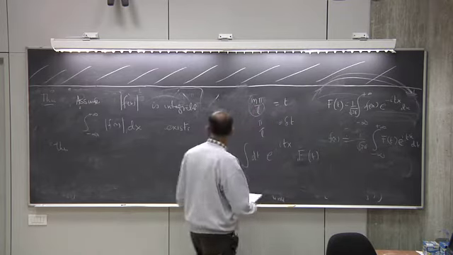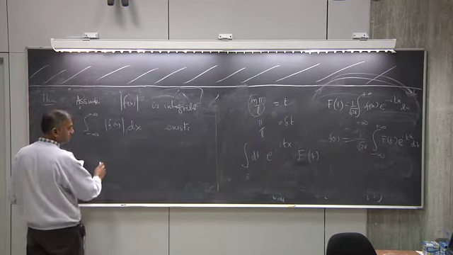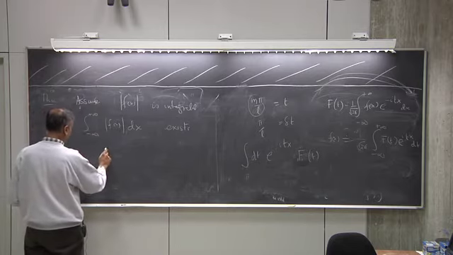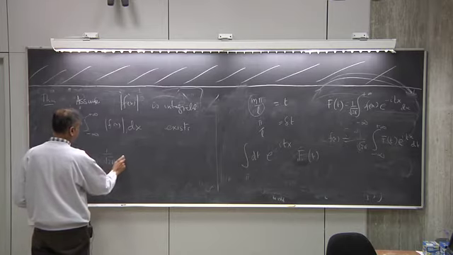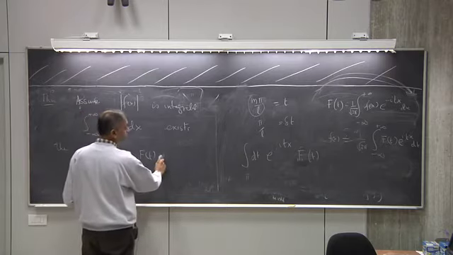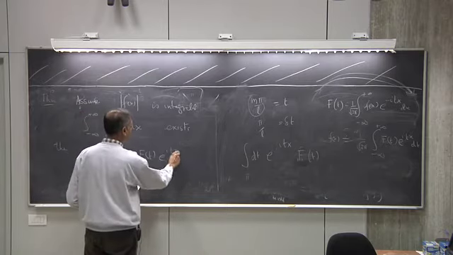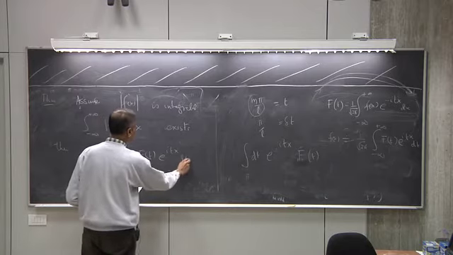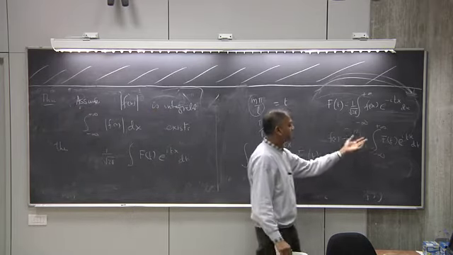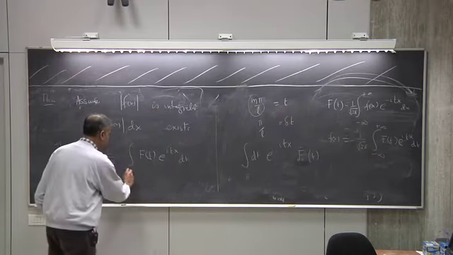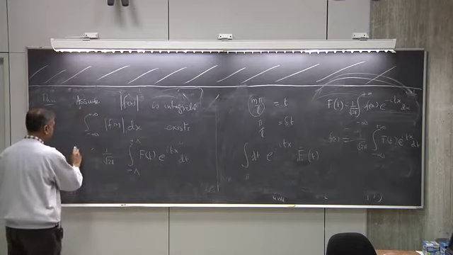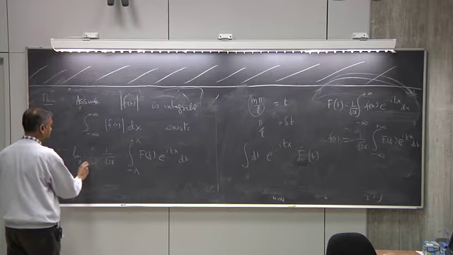Then the statement is that 1 over root 2 pi, integral of ft times e to the power of itx dt. Of course, you have to define this limit somehow: say from minus lambda to plus lambda, and then we take the limit as lambda goes to infinity.